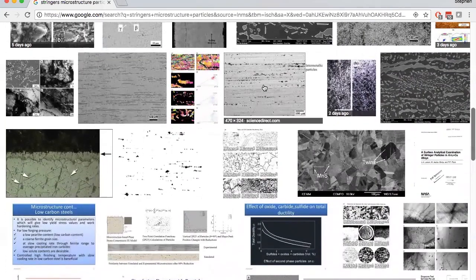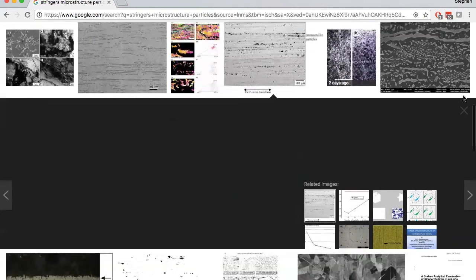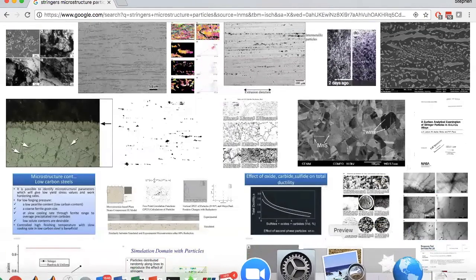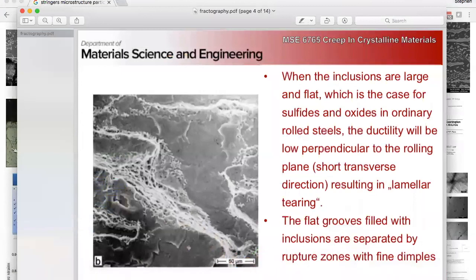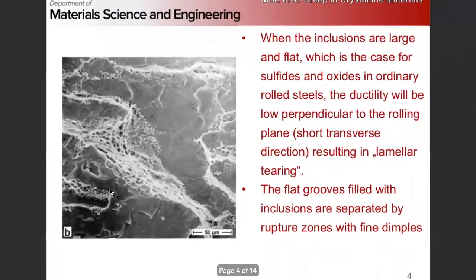Even though this is aluminum, if you're at the grain boundaries and you roll, you get these long parallel strips of secondary phase particles. We spend lots and lots of time talking about those in the steel section in physical metallurgy, if anyone wants to take that.